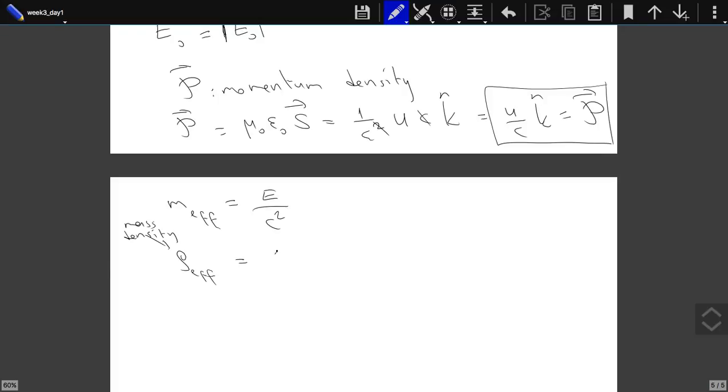This will be the energy density divided by c squared. Now, if you would like to talk about some momentum density, it should be equal to rho effective times the velocity.